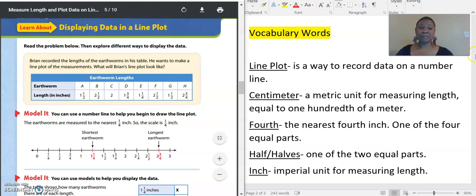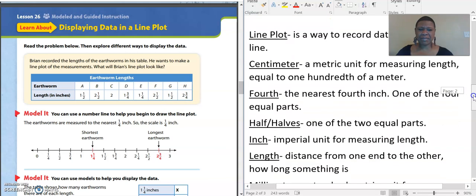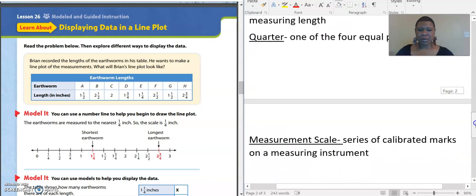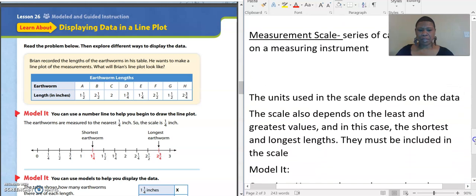When we're doing this, we have to keep in mind that the units are going to be used in the scale, and it depends on the data. The scale goes from least to greatest, and we're measuring in fractions. The earthworms are measured to the nearest fourth inch, so the scale is 1/4 inch.